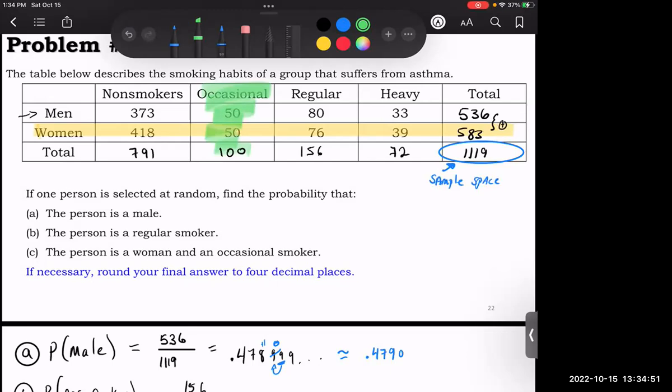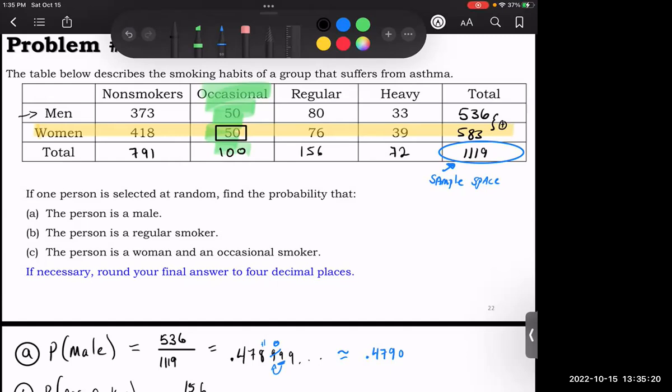So we have the row for the woman, and the occasional smokers down the column. Look at my highlights in yellow and green there. Do we have anything in common? Do you see any intersection? Yes, that 50. Wherever you have an intersection, it tells you that the two variables share something in common. So how many women were also occasional smokers? There were 50 of them.